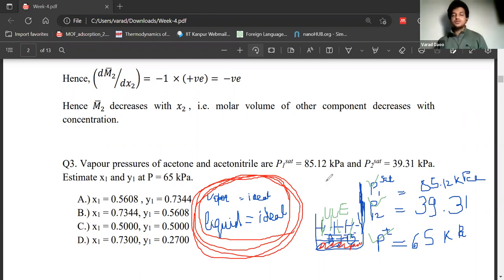Does nobody have any question? Any problem in understanding the question, what is asked? Okay, I'll give you a couple of minutes to solve it.